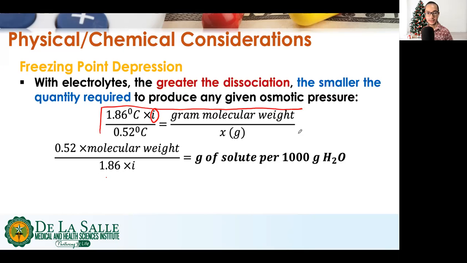You will see this many times in this particular module. And I think I have already shown you before how we arrive at this formula. It's actually just a ratio and proportion.